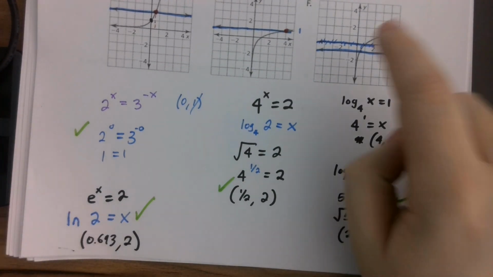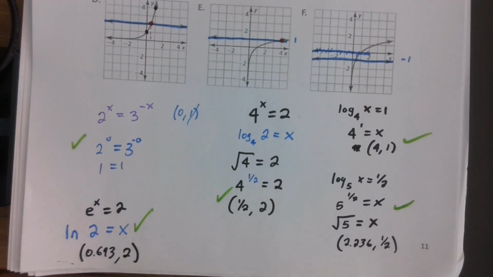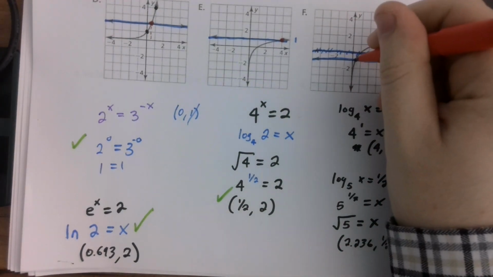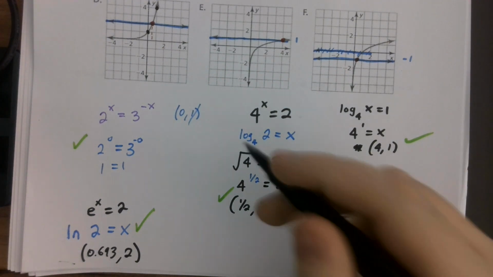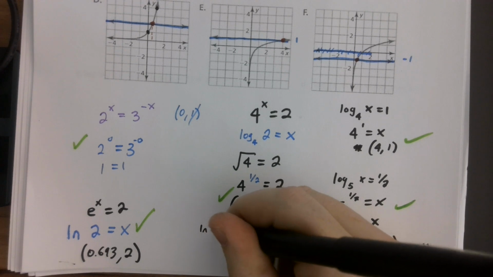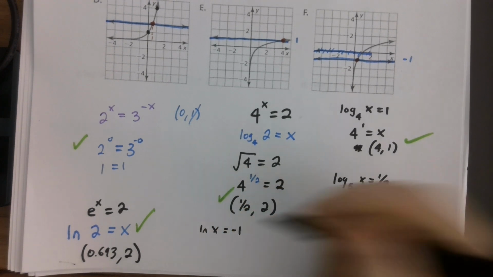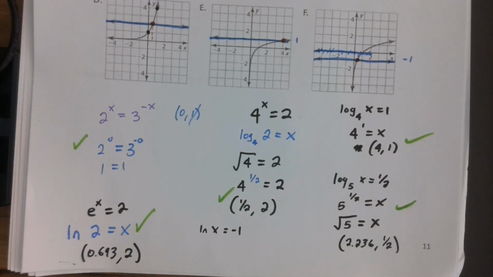Last but most certainly not least, we have to figure out where f intersects. And this one's interesting. It's down here. The equation was the natural log of x, you can see I'm running out of room here, equals -1. Again, to deal with natural logs, we can just flip them.